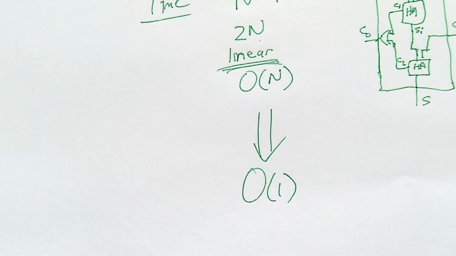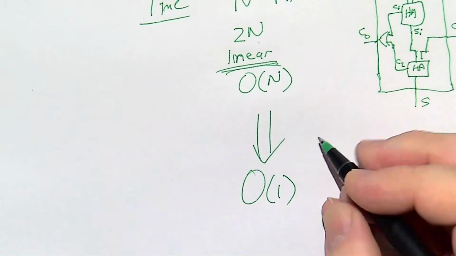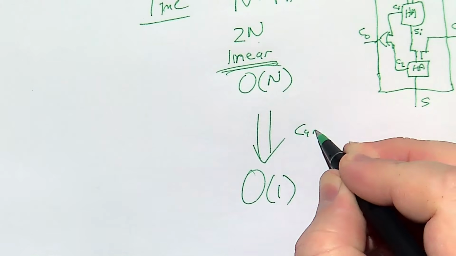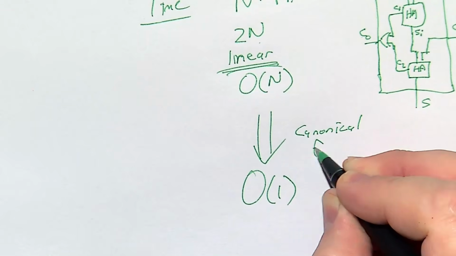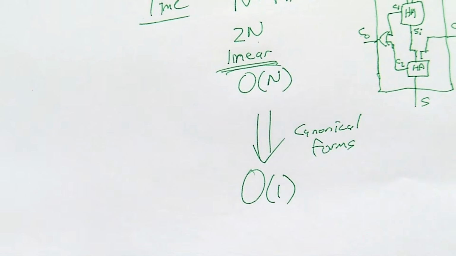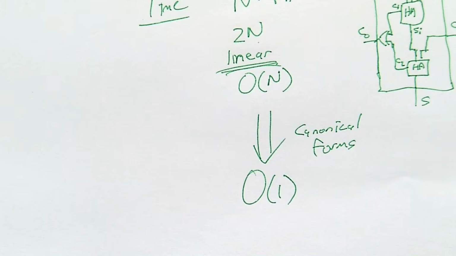With this, the proof that I could get along is just canonical forms. I told you once to show this, it's pretty easy. That's what we're going to actually do.